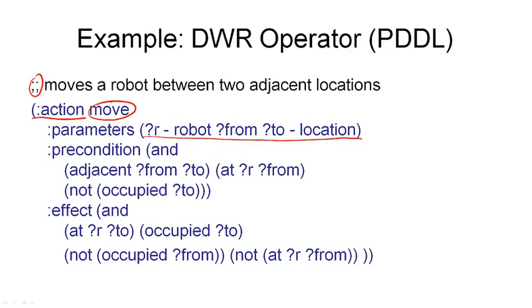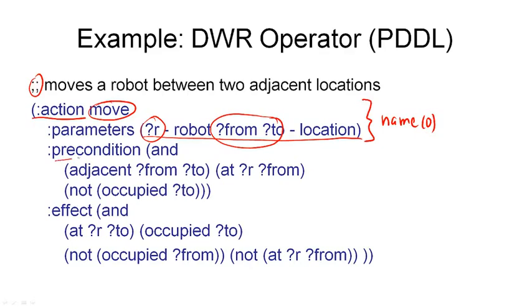There's one parameter, which is this one, a variable. Remember, variables start with the question mark, ?r, which is of type robot. And then it has 2 more variables, both of the type location. This is what we've called the name of the operator in the definition of a STRIPS planning operator 2 slides ago. Next, we have the preconditions and effects.